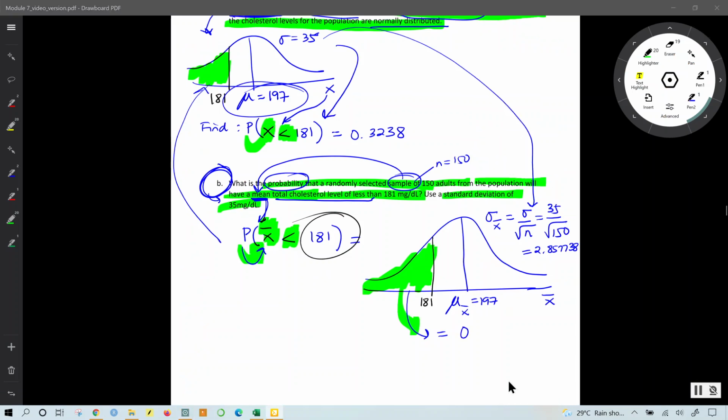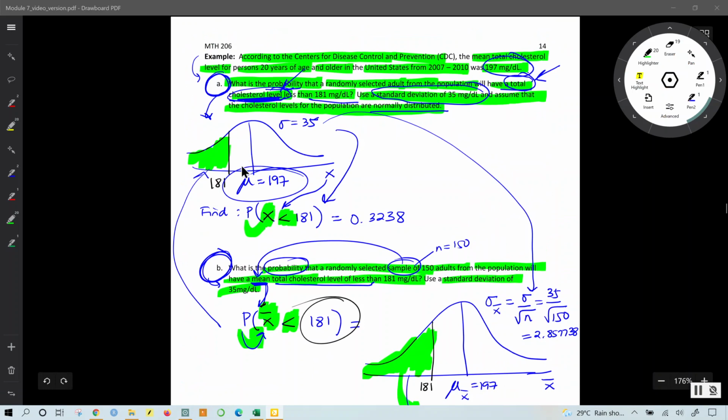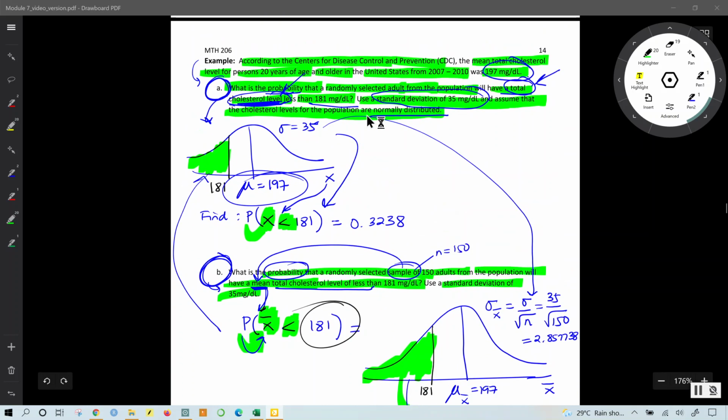So with that question completed, we've come to the end of that part of this module, where if the parent population is normal, then the derived distribution is always normal too. They will share the same mean, but they will have different standard deviations. In the next video, we are going to consider how we deal with situations where the parent population is not normally distributed.